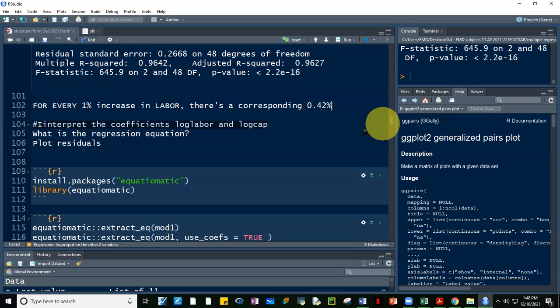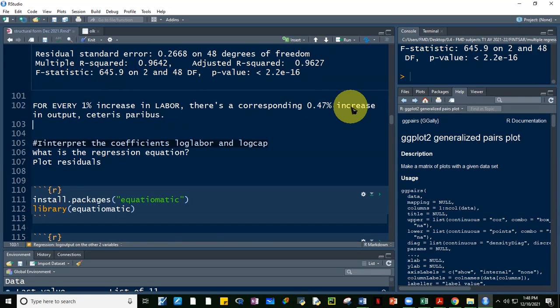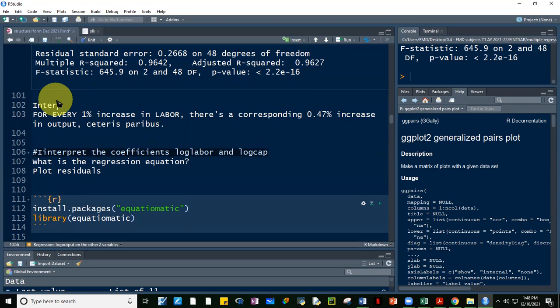Okay. Gawin kong 0.47 na lang, round off na lang. 0.47% increase in output. Okay. And then you have your ceteris paribus. Okay, so that's how we interpret, guys, the interpretation of log labor variable.